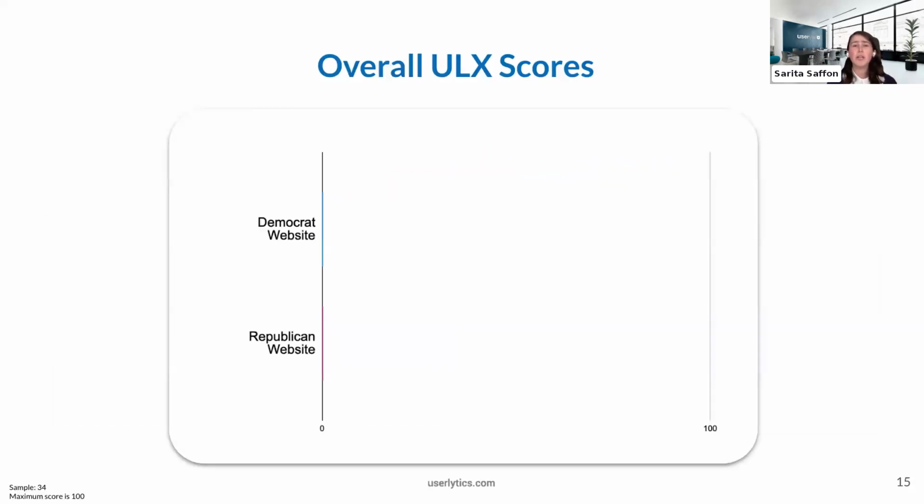So the ULX score is calculated on a scale from 0 to 100, where a higher score obviously means a more exceptional user experience. However, as with other benchmarking indexes, the score here is also as good or as bad depending on how it compares with the other assets that it is being compared with.